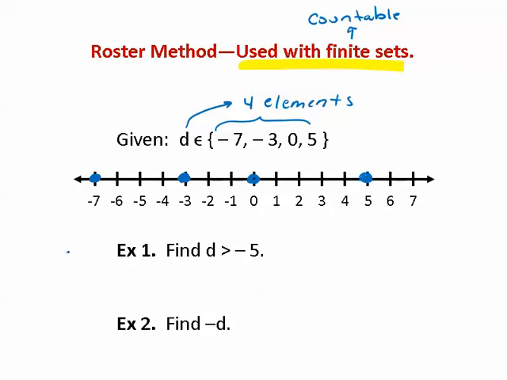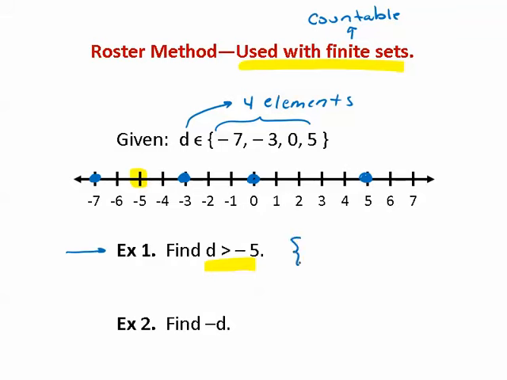So in example 1, they want to know, find the D values that are greater than -5. Well, in order for a number to be greater than another, it must be to the right of that number on the number line. So if we're at -5, they want the D values that are greater than -5. Well, the D values are -3, 0, and 5 that are to the right of -5.